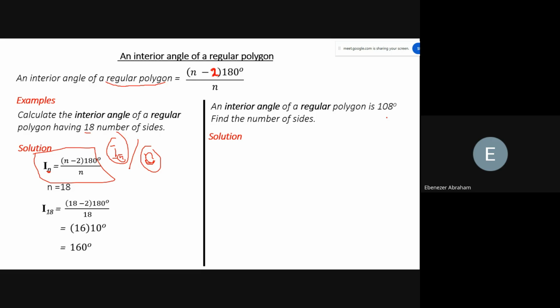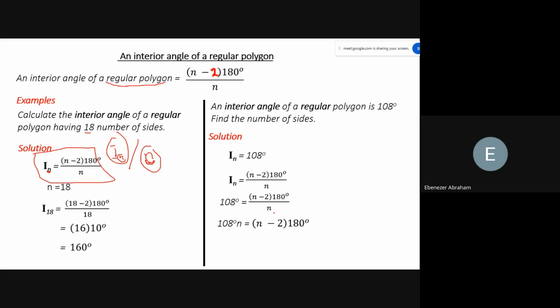In this particular question, they have given us the interior angle as 108 degrees. If you substitute into the formula, you get 108 degrees equals the numerator n minus 2, multiplying 180 degrees, divided by n. This will give you an equation in terms of n.